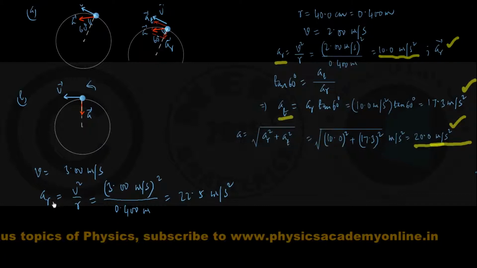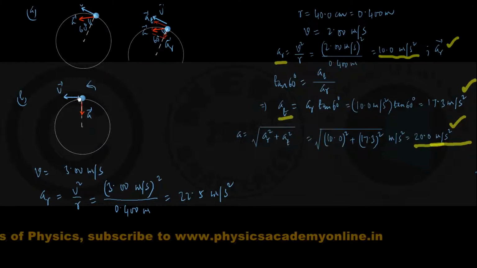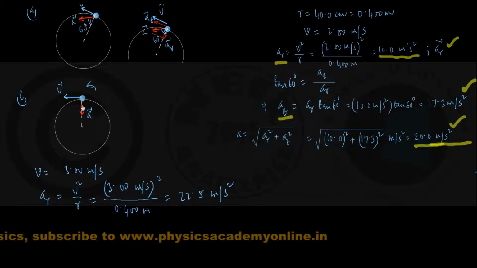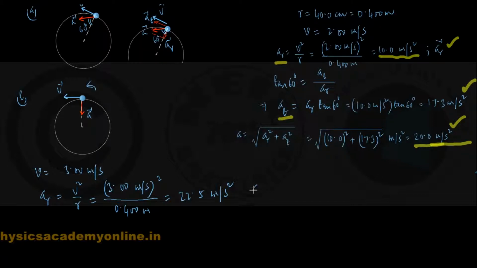You see, radial acceleration always points radially inwards towards the center of the circle. So this is also the direction of the radial acceleration vector. But since the figure shows the total acceleration also points radially inwards, it means this acceleration cannot have any tangential component.